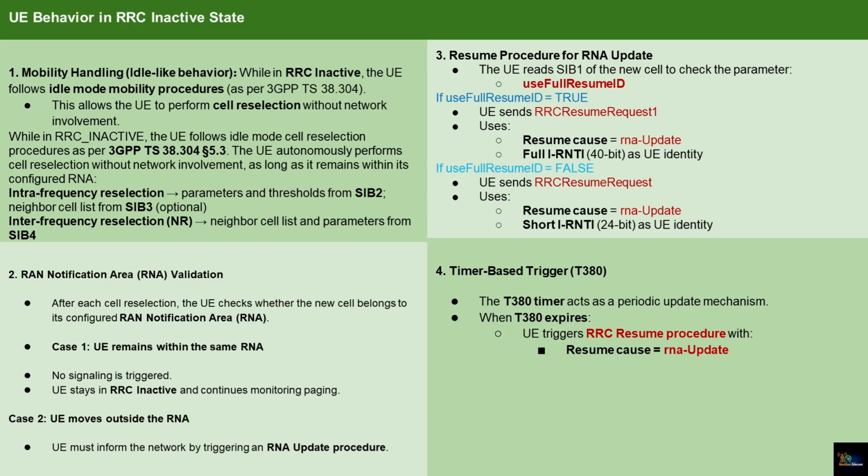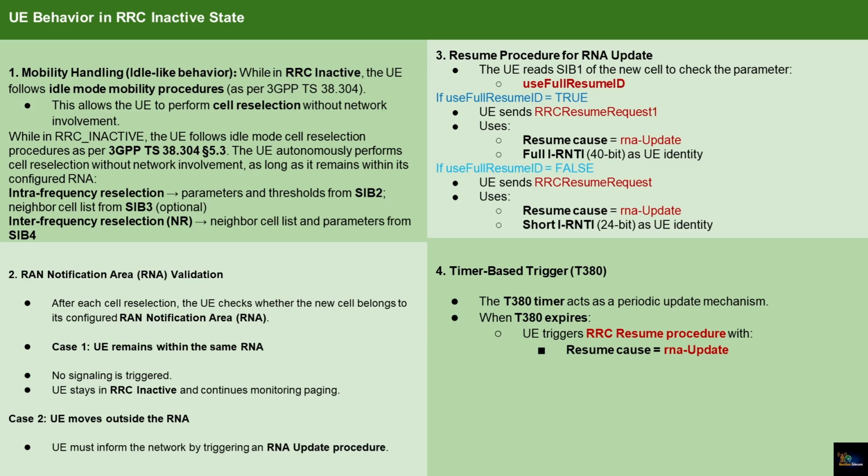Here is the behavior in RRC inactive state, the UE behaviors. First, mobility handling: how will mobility be handled while in inactive state? While in RRC inactive, the UE follows the idle mode mobility procedures.